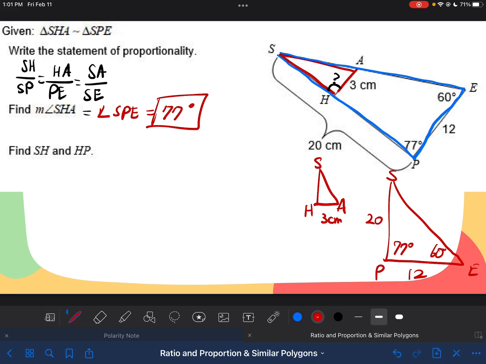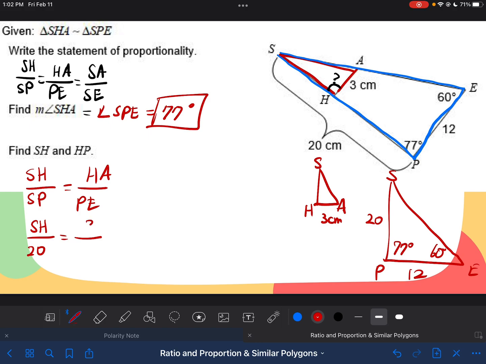Okay? So now, find SH and HP. So SH, what is that similar to? Well, we know that it is similar to SP. Now, that has to equal, with the given numbers, HA and PE. So if I were to rewrite this, SH is what we're looking for. SP is 20.